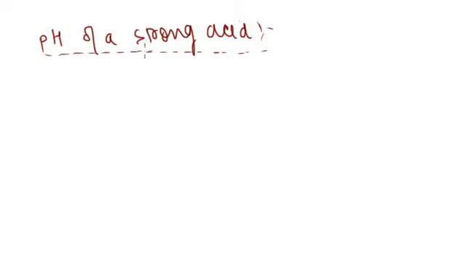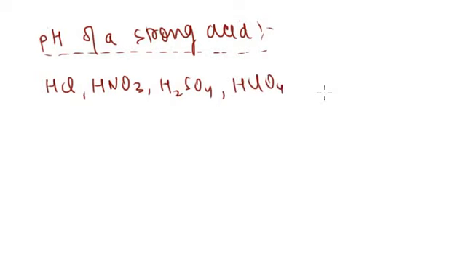We know the strong acids are HCl, HNO3, H2SO4, HClO4, and HCl, HBr, and HI. So here we have taken HCl two times. So these are the six strong acids.